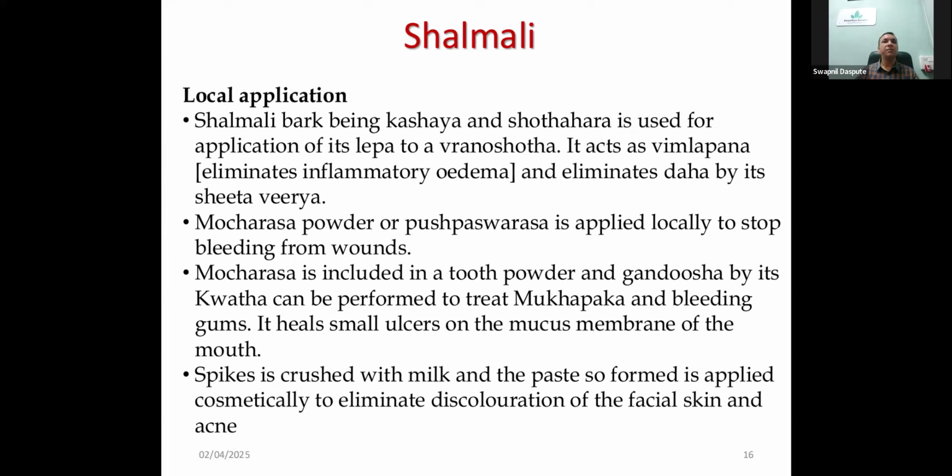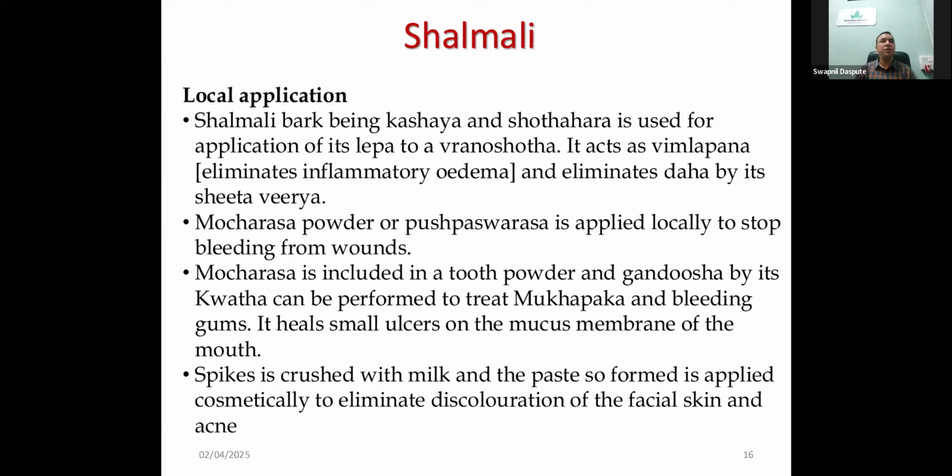It acts as vilapana. What is vilapana? It eliminates inflammatory edema, and eliminates daha by its Shita virya. Hence, it is used in Vrana Shotha.